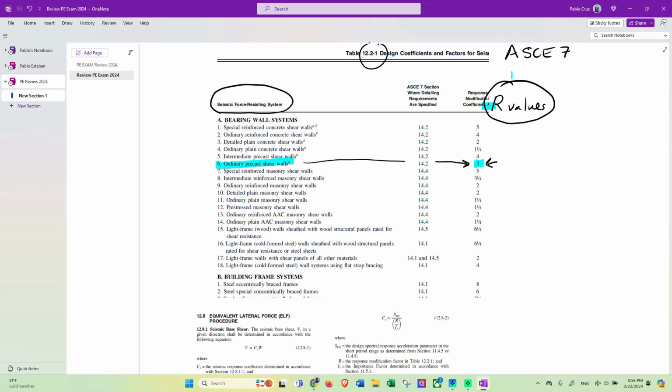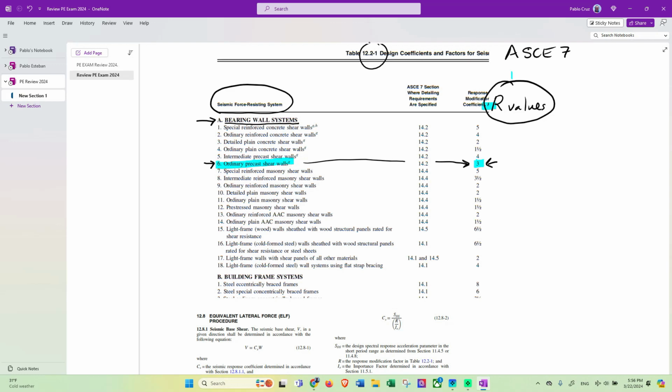For the sake of this problem, we are only looking for the R value. In this case, the bearing wall systems. That's the first part of these different systems that are detailed here in this table. And then we have frame systems, but in this case, we have bearing wall systems, and we are talking about ordinary.